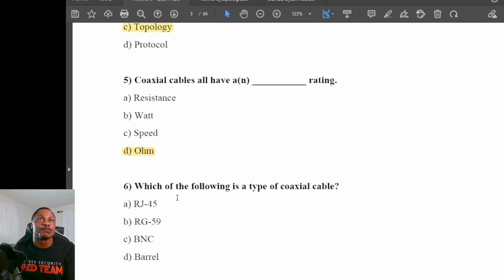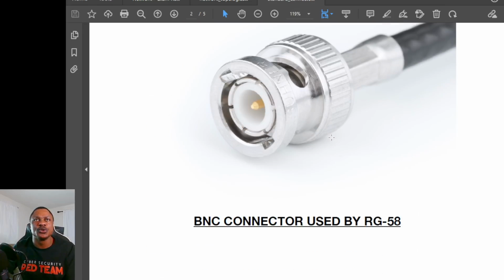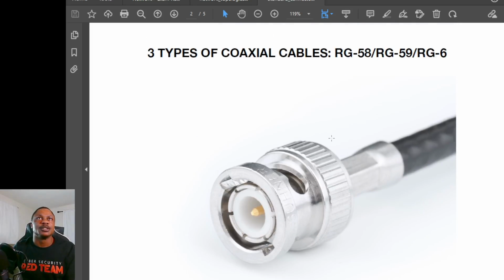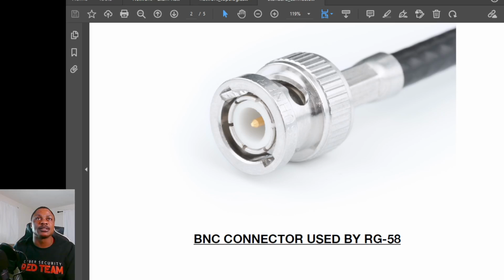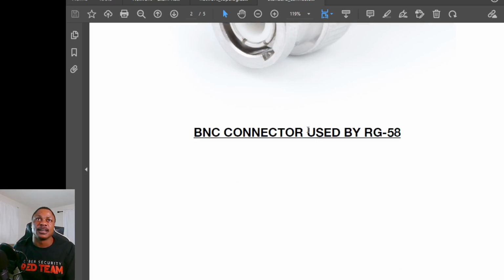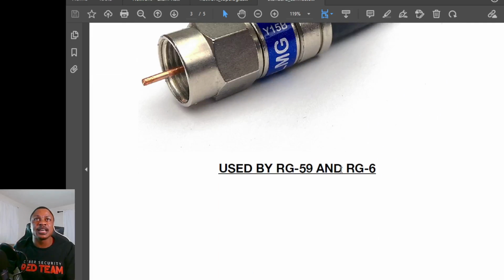And by the way, remember when we talked about the standard connectors, and I was showing you these 3 types of coaxial cables that we discussed. The RG58 has 50 ohms, and the RG59 and RG6 have 75 ohms.